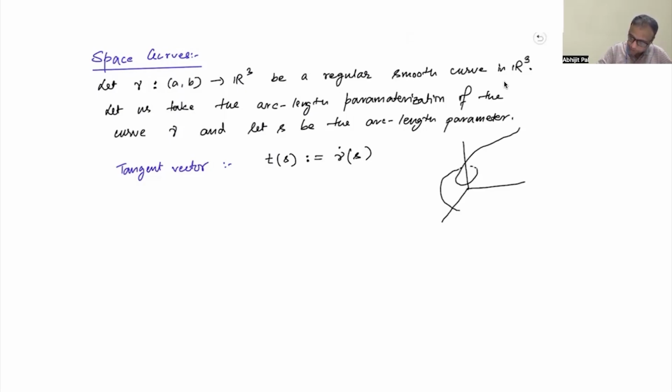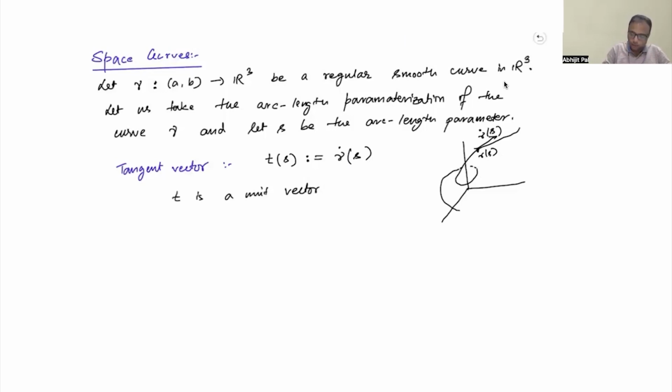Suppose this is my curve in R3, and if I take this point gamma s, this is my tangent vector. Note that this tangent vector T is a unit vector, because s is the arc length parameter.